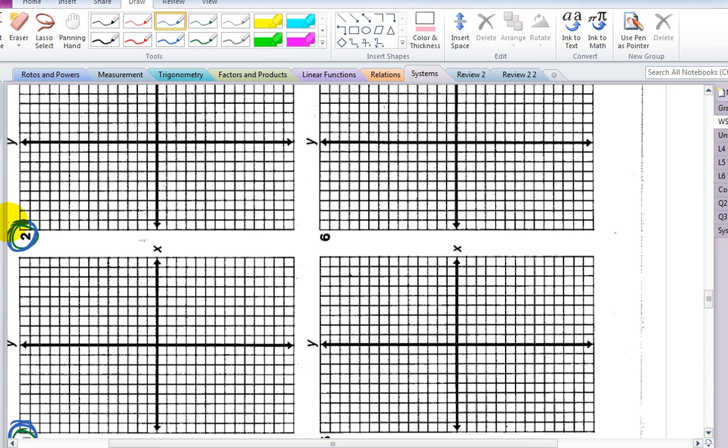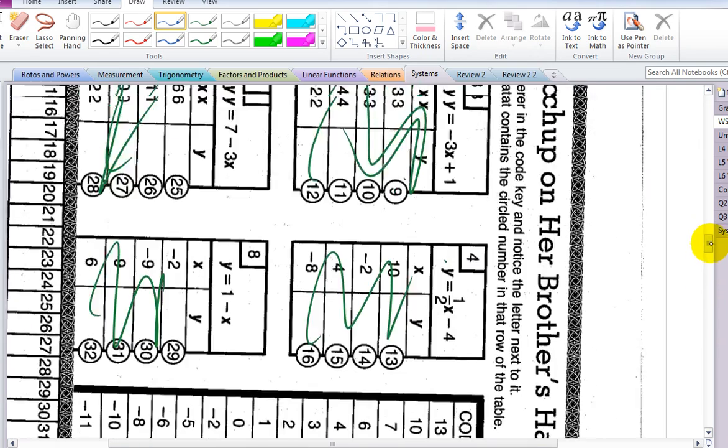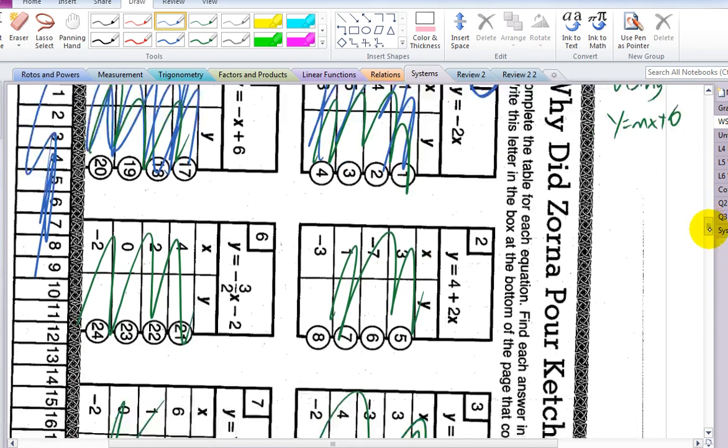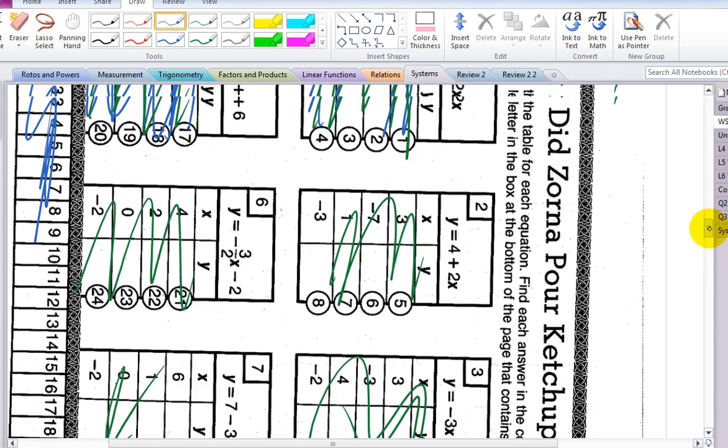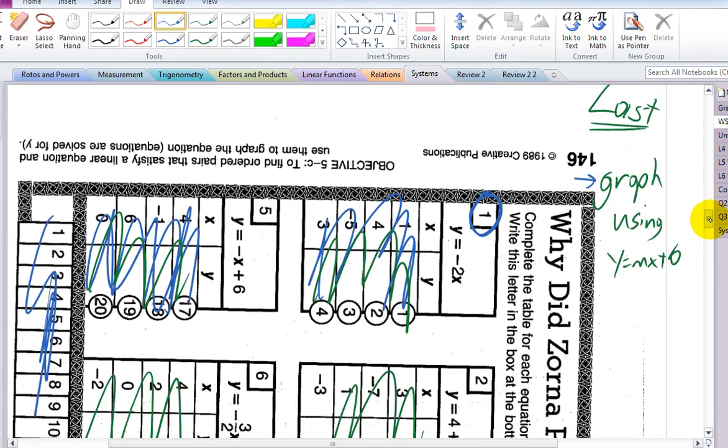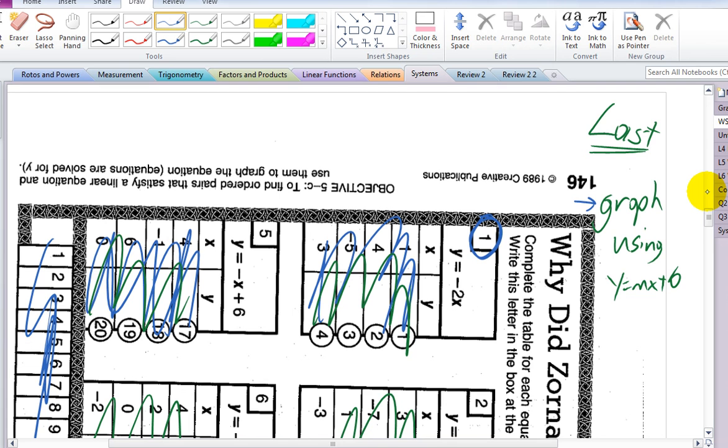On graph 4. Okay, they're all numbered and labeled for you. So on the top, you might even write down the equation to help you. Do this one last. Any questions? Yes, Selena. Absolutely last. No other worksheet should be after it.